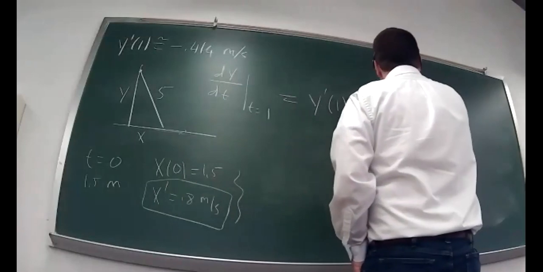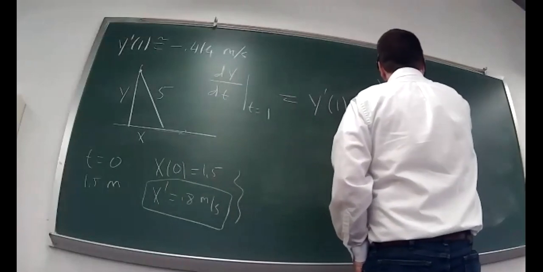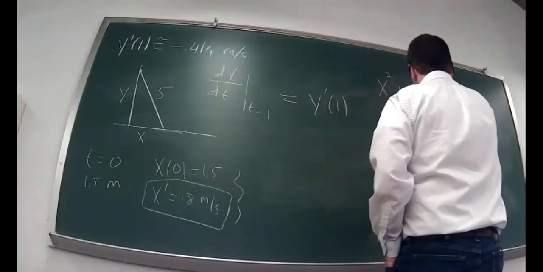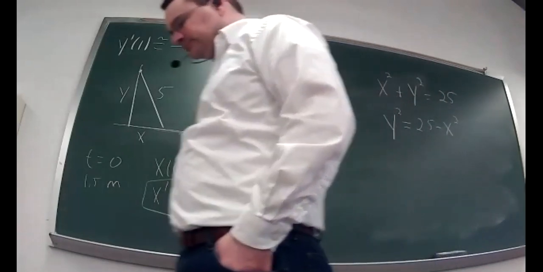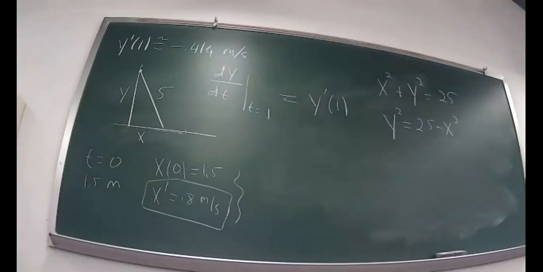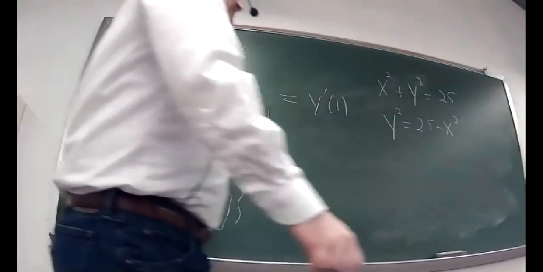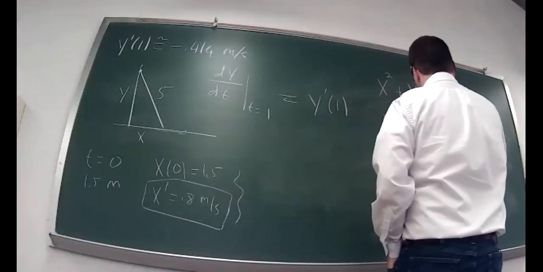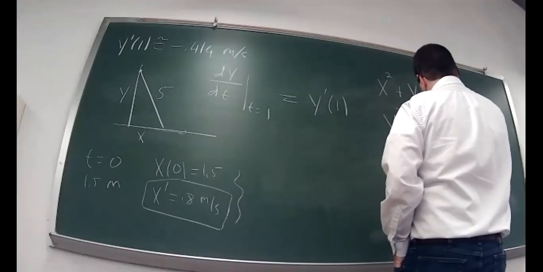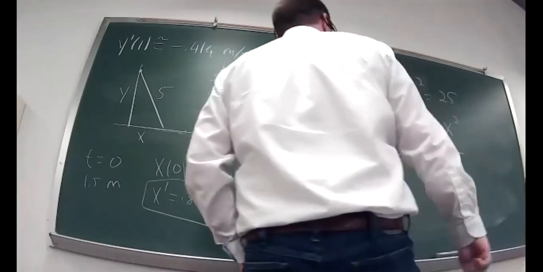We also could have solved for y squared and said y squared equals 25 minus x squared. And I guess we could have said that y is equal to the square root of 25 minus x squared.